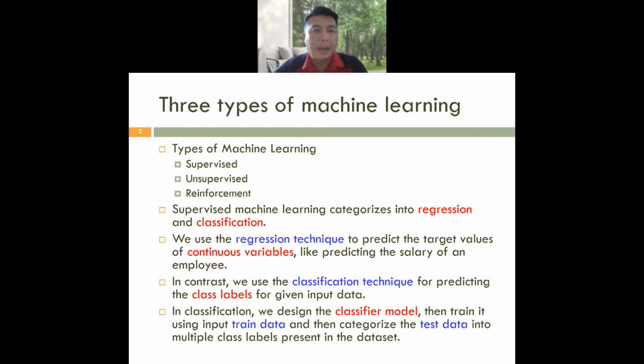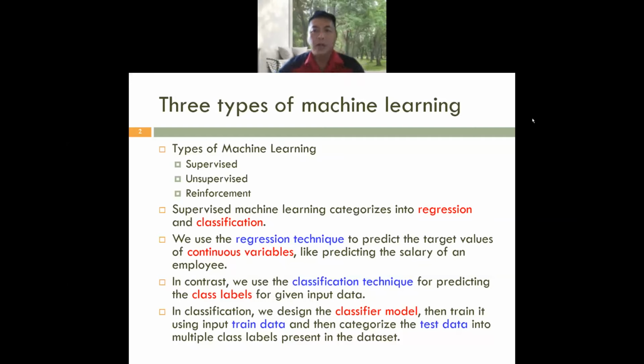There are three types of machine learning. The first one is called supervised, the second one is called unsupervised, and the third one is called reinforcement learning. For this session today, we will look into supervised learning, which can be categorized into regression and classification.